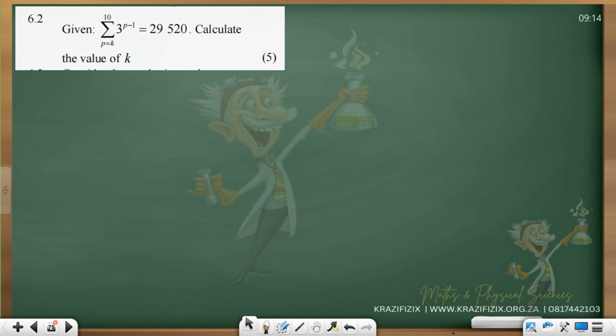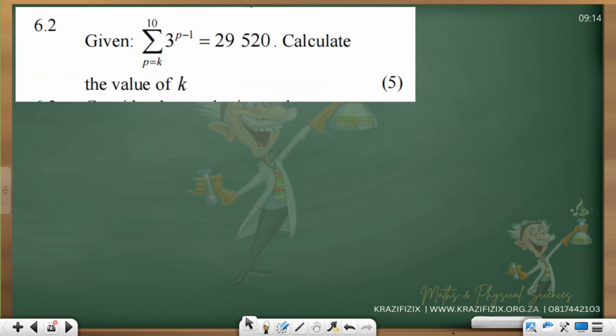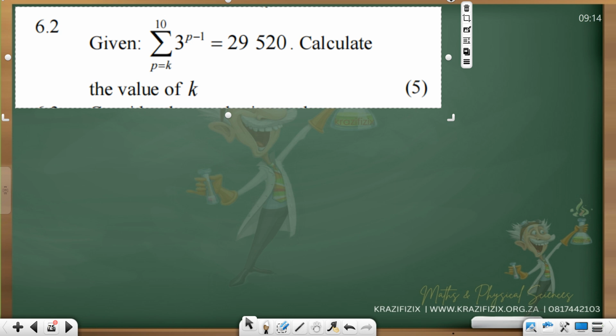Okay, look at this one. It has a different tone. We're looking for the value of k, but don't be afraid. Go through the process. Again, this tells us it is sum. That's point 1. Point 2.